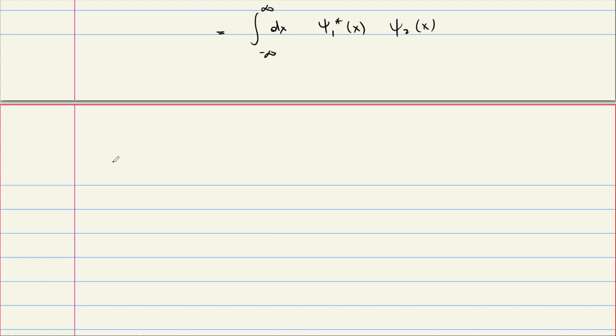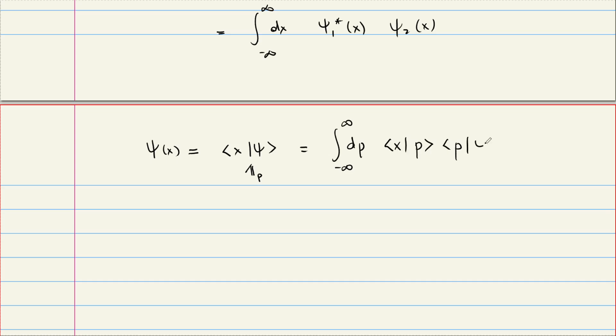Now let's consider psi of x, which is equal to ⟨x|psi⟩. I want to insert here the unity of momentum. Let's put 1 as the integral dp from minus infinity to plus infinity of |p⟩⟨p|. Then we have ⟨x|p⟩⟨p|psi⟩. This ⟨p|psi⟩ is what we called phi of p, the expansion coefficient in Fourier space.